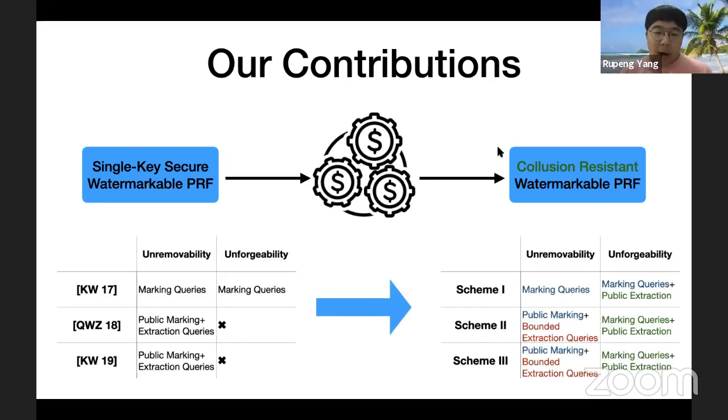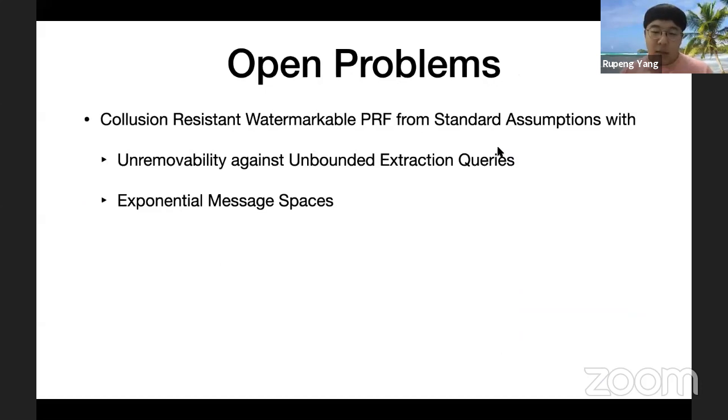By applying our compiler to previous constructions of single key circuit watermarkable pseudorandom functions from standard assumptions, we can obtain several standard assumption-based collusion-resistant watermarkable pseudorandom functions with various security properties. The new schemes can roughly preserve security of the original scheme, but our compiler will still compromise some properties of the underlying single key circuit watermarking schemes.